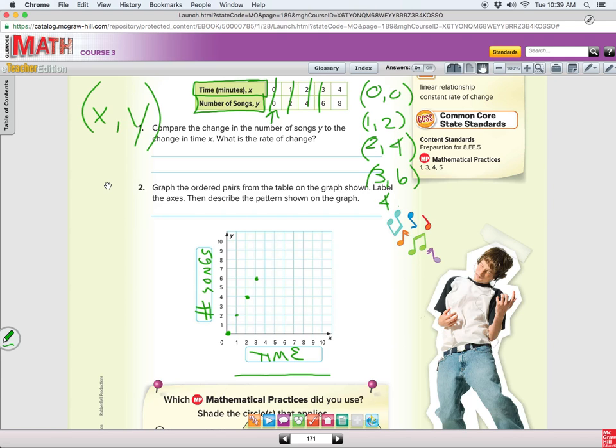Next and last is 4, 8. So you go over 4, up 8. So this is what your graph should look like. Notice that it's pretty much going up steadily. Okay, so that's the pattern really. It's going steady, and we could also say that it is making a straight line. Which straight lines are going to be so super important to us in this section.